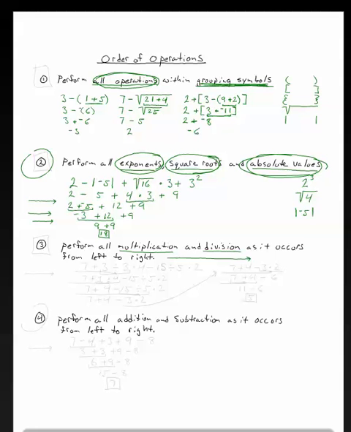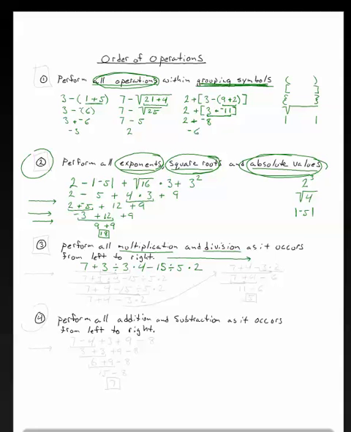So if I have something like 7 plus 3 divided by 3 times 4 minus, let's say, 15 divided by 5 times 2.